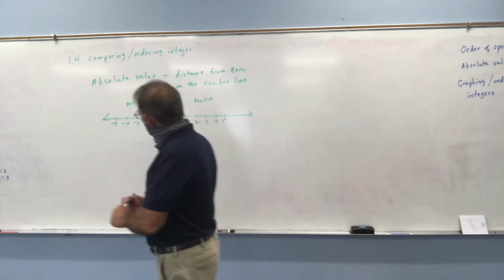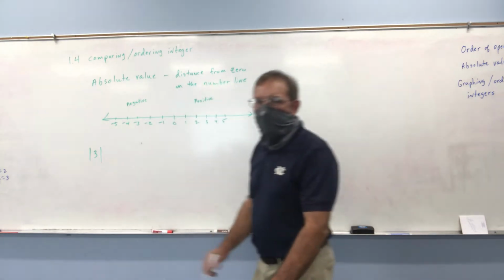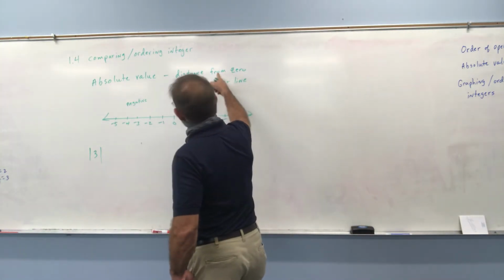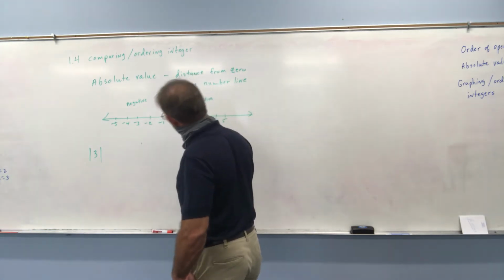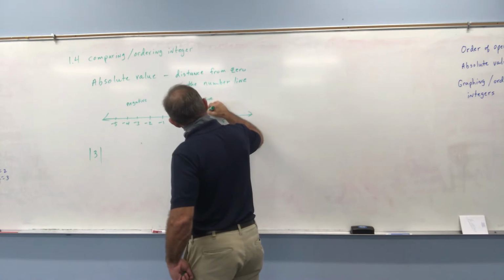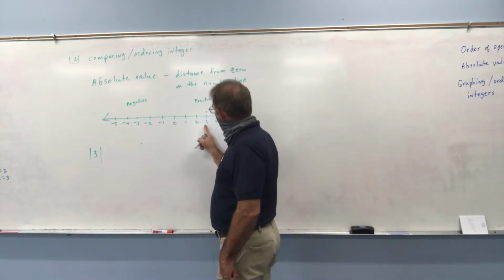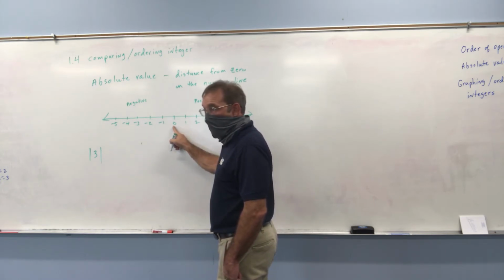Suppose I wanted to know what the absolute value of 3 was. Well, what does that mean? The distance that 3 is from 0 on the number line. Well, here's 3. How far is that from 0? 1, 2, 3 units.